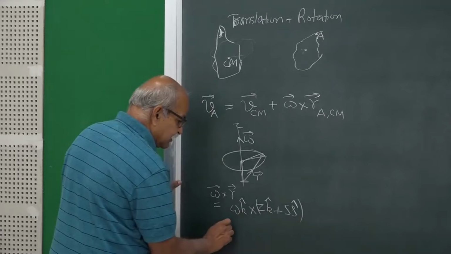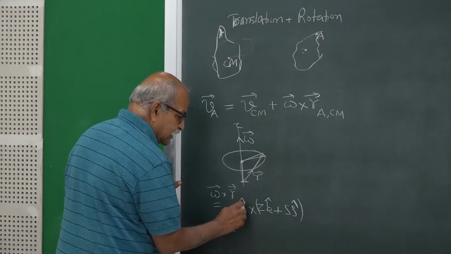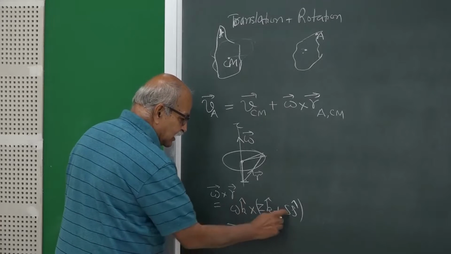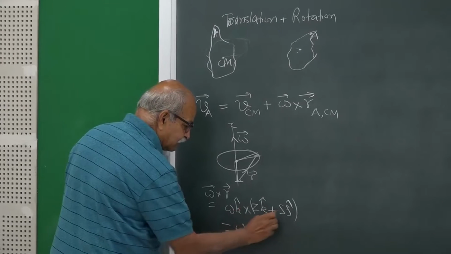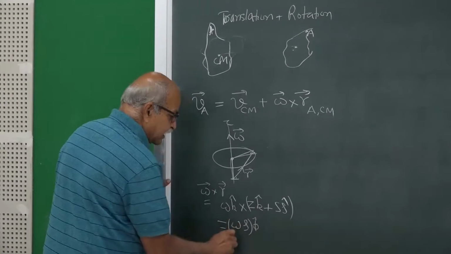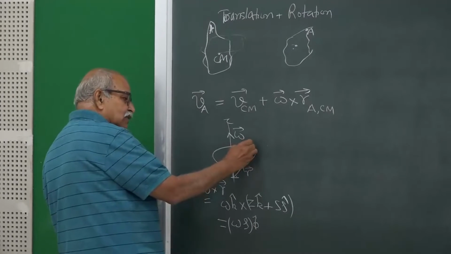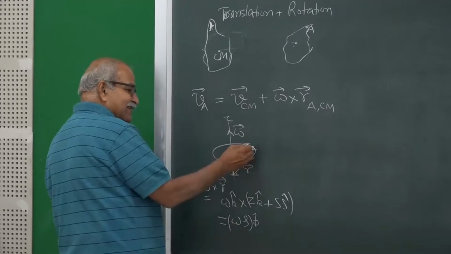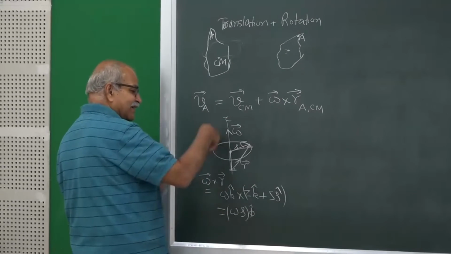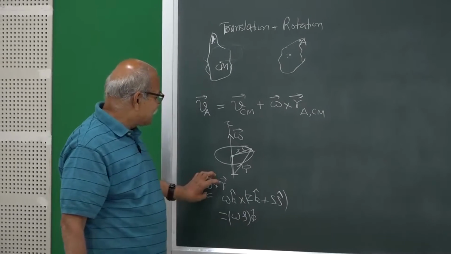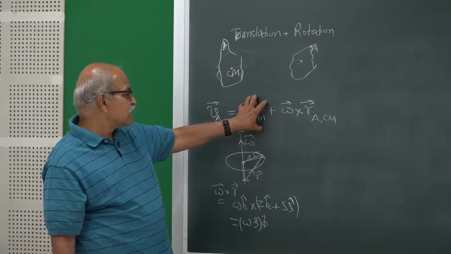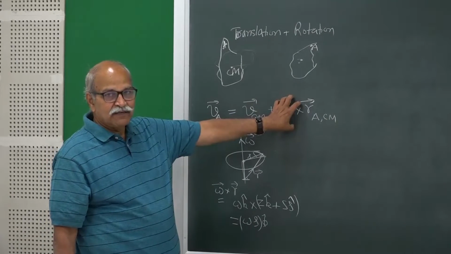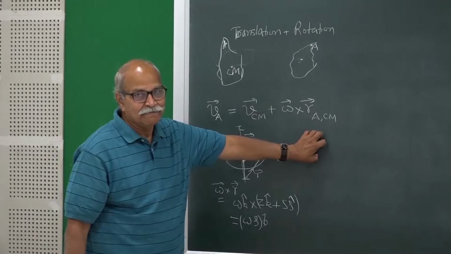When you do k cap cross k cap it is 0, and you have omega times s, and then it is phi cap, and therefore this omega times s is the velocity and phi cap is the direction. So, it correctly gives the direction as well as the magnitude. So, this gives you the translation part, and this gives you the rotation part about the center of mass.